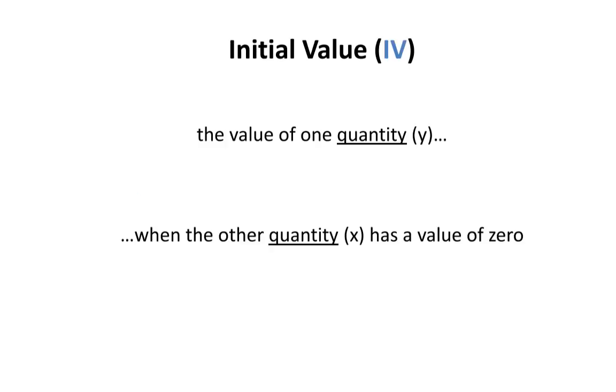What you just figured out, which was the number of blocks in Figure 0, is actually called the initial value. The initial value is the value of one quantity. In this particular situation, this would have been the number of blocks, when the other quantity has a value of 0. This quantity is the figure number.